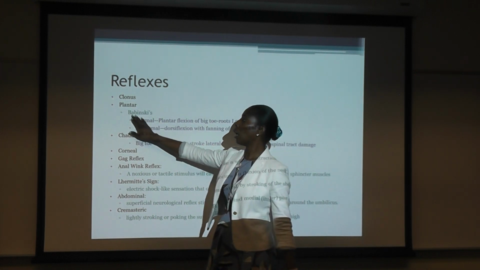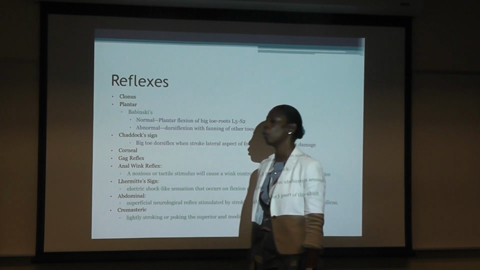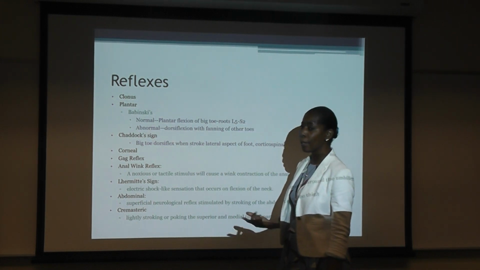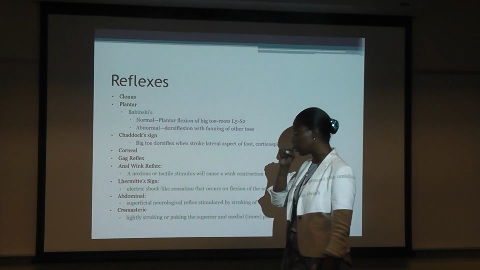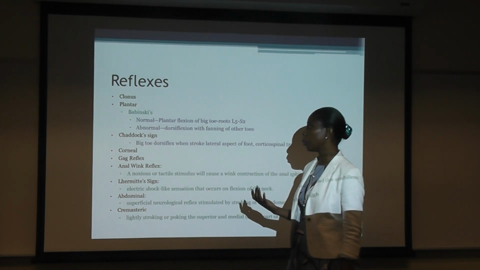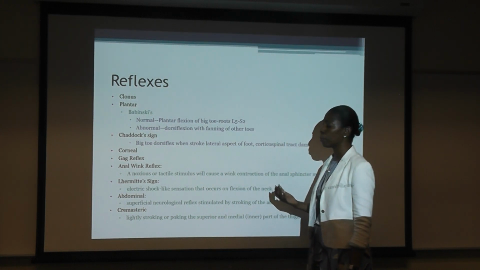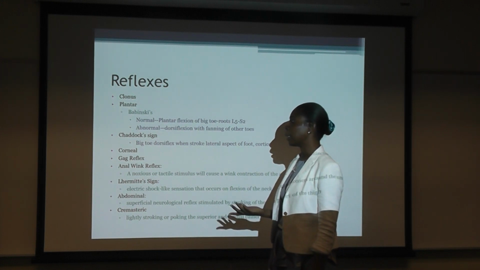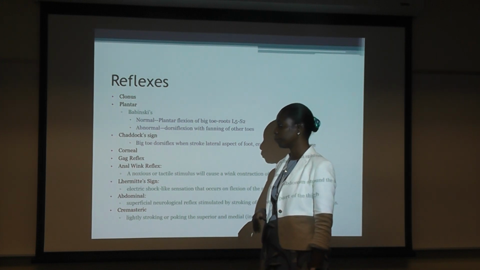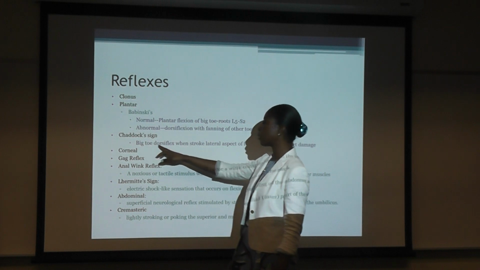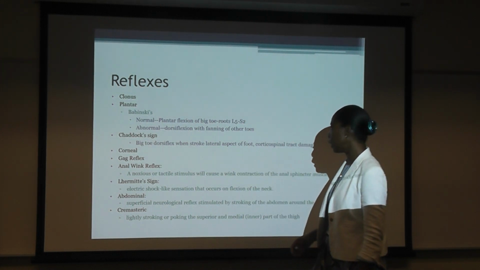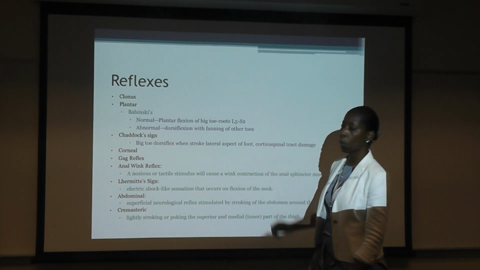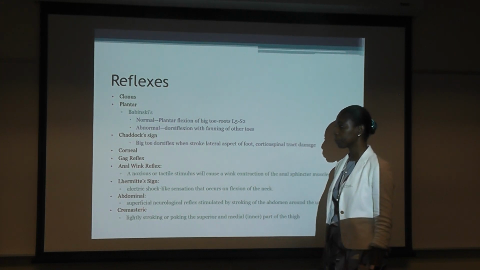The plantar reflex, which is the Babinski, we know that this is normal in kids, it's a primitive reflex, but in adults, it usually means that there is some kind of abnormal brain issue, brain compression or something like that. The Chaddock sign is big toe dorsiflexion when you stroke the lateral aspect of the foot, again meaning that there's some corticospinal tract damage.